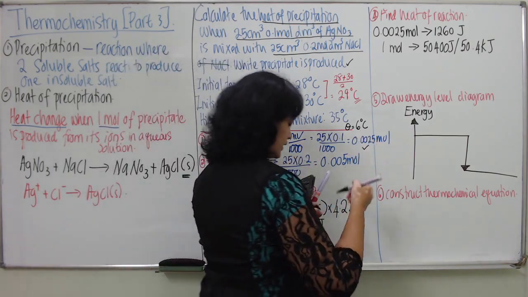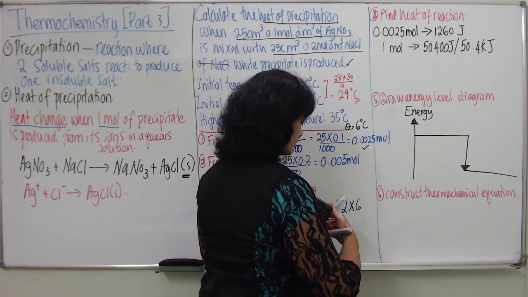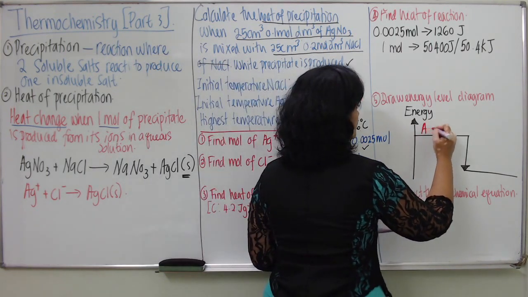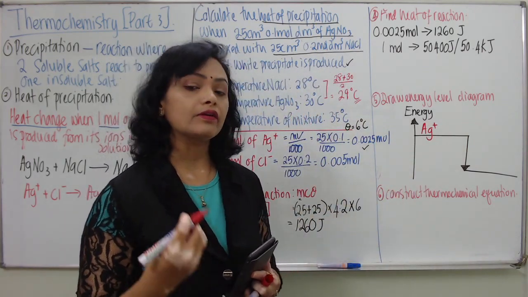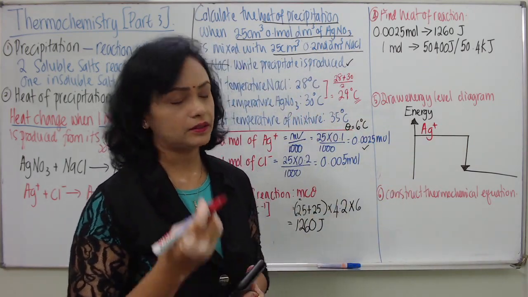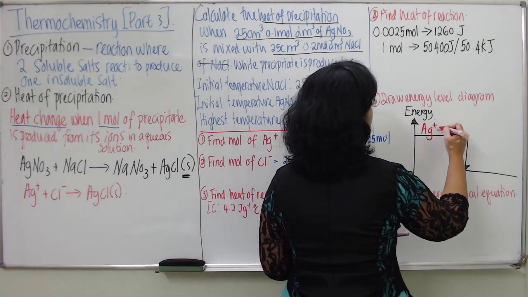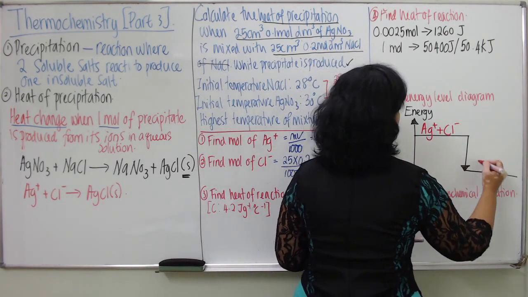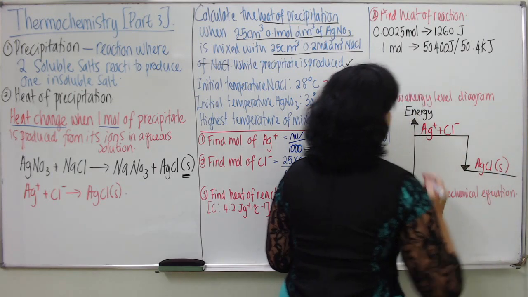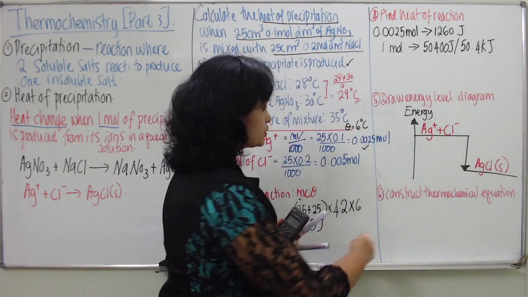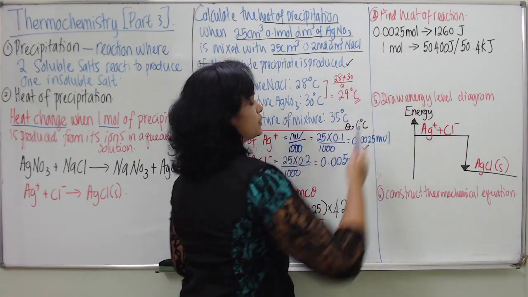Alright. So here teacher will prefer to write, it's okay, you can write the chemical equation or you can even write the ionic equation, doesn't matter. So here teacher will write the ionic equation. Same, you can write both, no worries. Okay, ionic equation, and the change in temperature is what you have found here.